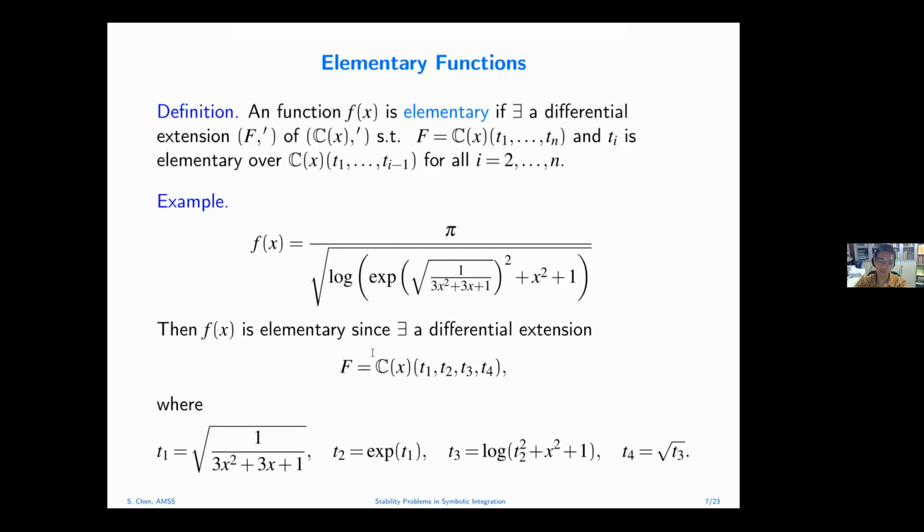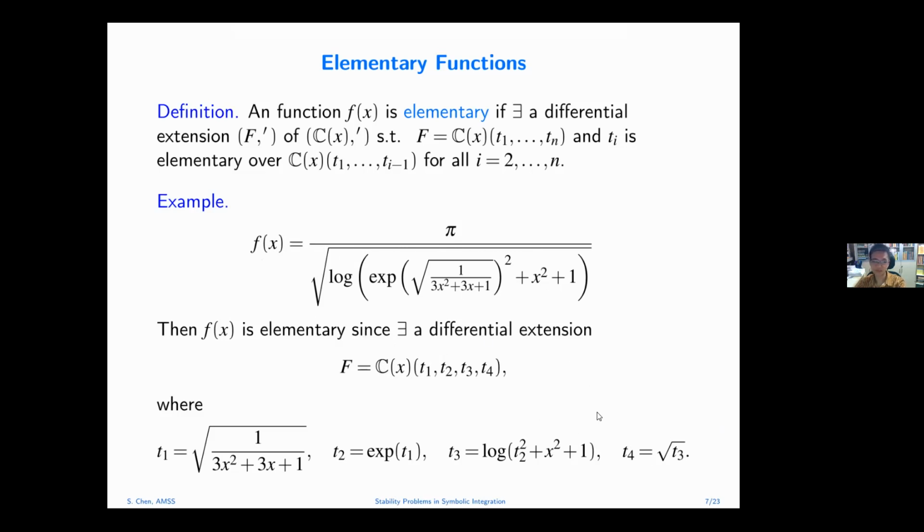So T2 is also elementary over C(x, T1), and T3 is log of T2, so T3 is elementary over the previous field, and T4 is algebraic over the previous field. And then you can see that f(x) is equal to pi over this term, and f(x) is in this field, because pi is in C. Then we can show that indeed this is an elementary function.